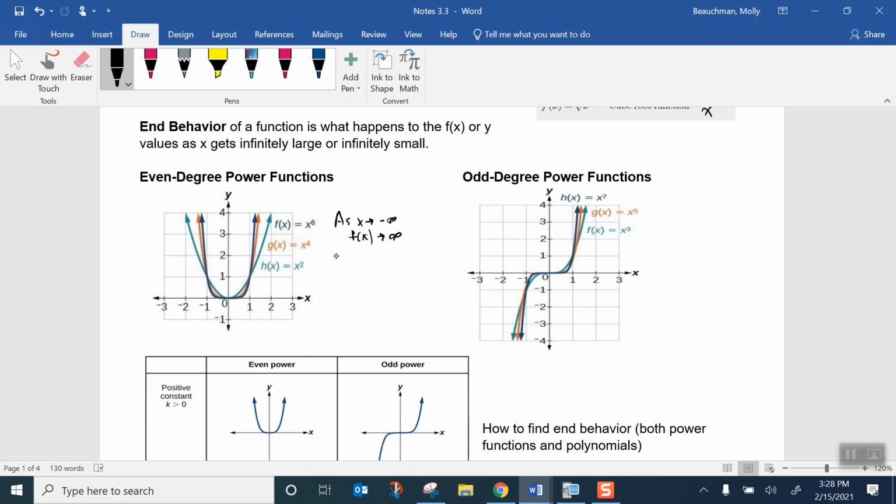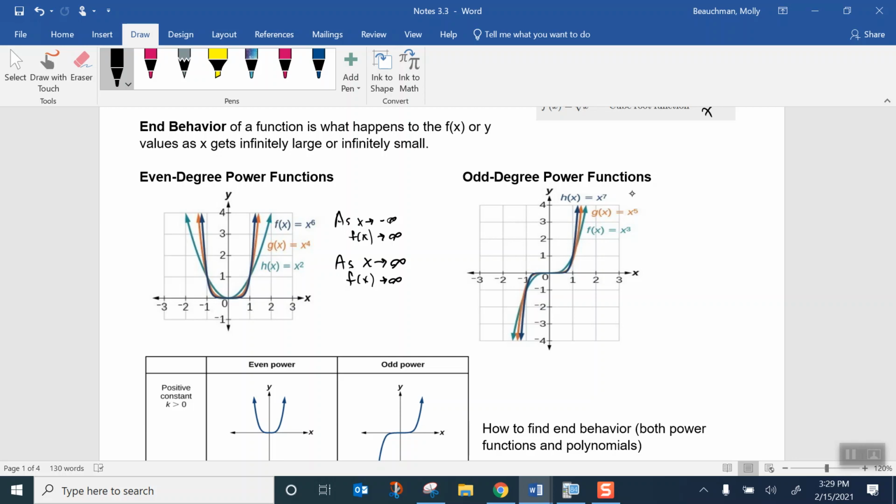Then also, what happens as x gets larger? As x approaches infinity, the y values, or the f of x values, approach infinity. So as x gets smaller or larger, the y values get larger.